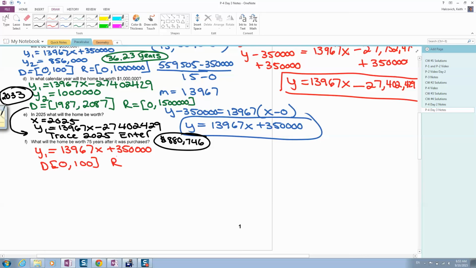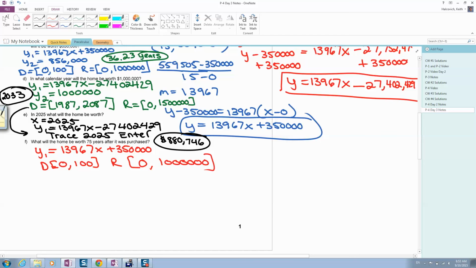Our range, we're just going to go from 0 to 2 million, just to give us some room in case it's worth a lot of money. Actually, let me show you what I would do if it was worth $1 million, just to show you what would happen. Let's say we put $1 million there.